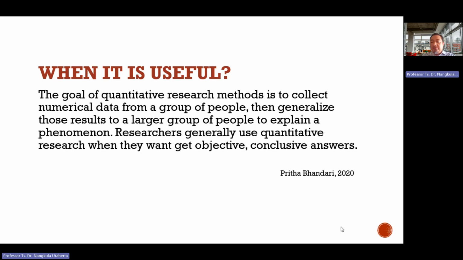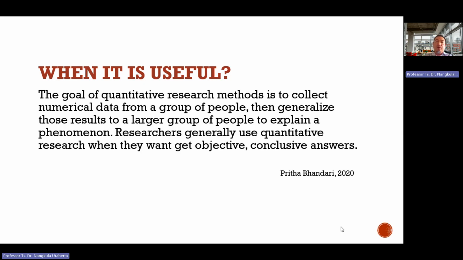When is it useful? The main goal of quantitative research methods is to collect numerical data from a group of people, then generalize it to a larger group to explain some phenomena. So you need a sample from a group of people in order to generate bigger knowledge. Researchers generally use quantitative research when they want to get objective and conclusive answers.